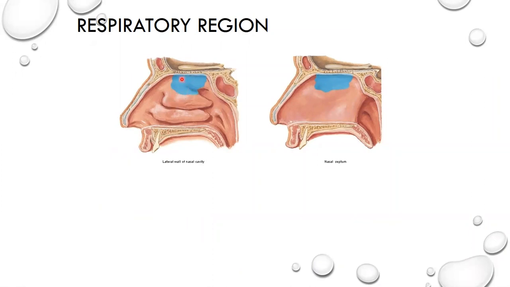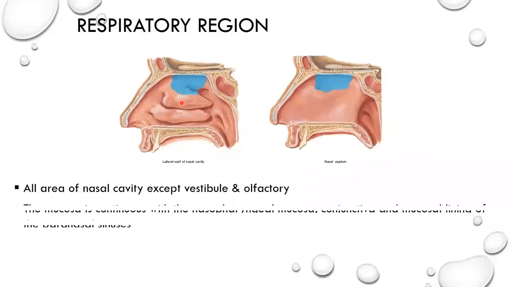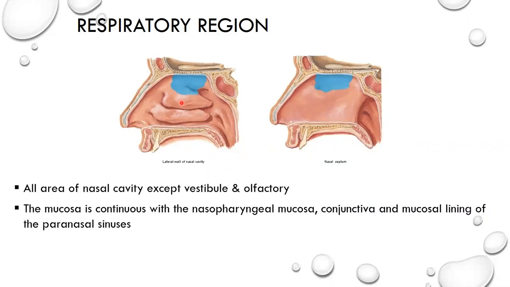Besides the previous two regions I explained, the rest is the respiratory region. All areas of the nasal cavity except the vestibule and olfactory region are known as the respiratory region. This mucosa is continuous with the nasopharyngeal mucosa back here, the conjunctiva of the eye, and the mucosal lining of the paranasal sinuses at its lateral wall.